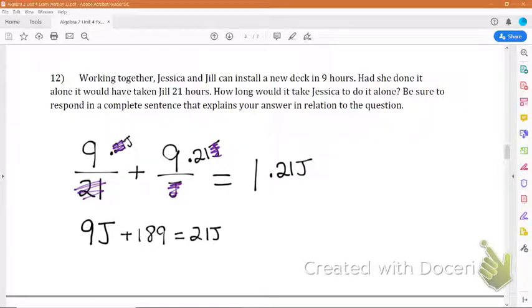I have like terms, but one's on the left side, one's on the right side, so I need to add and subtract to move it. I would subtract 9J. So 189 equals 12J. Divide both sides by 12.